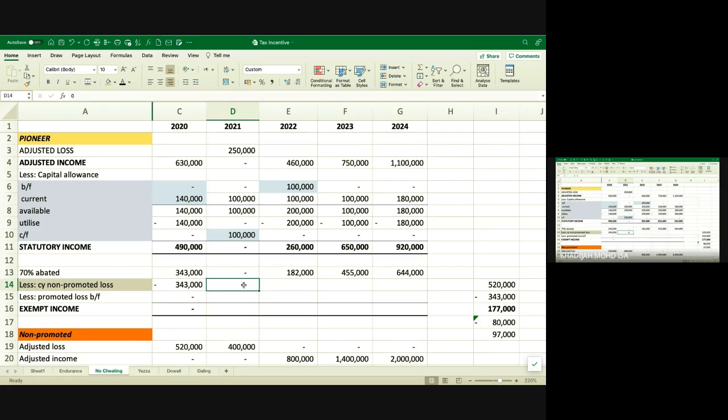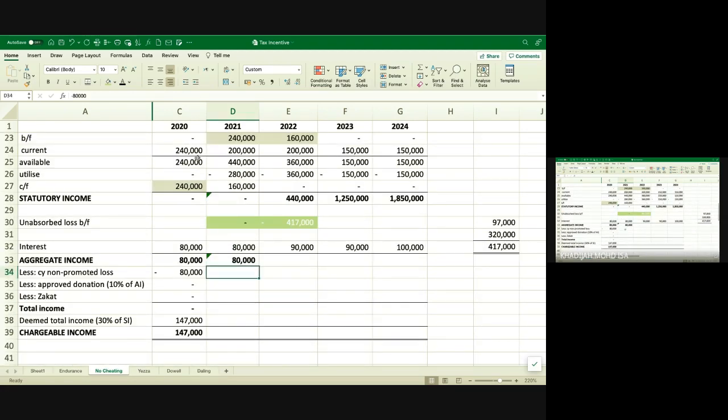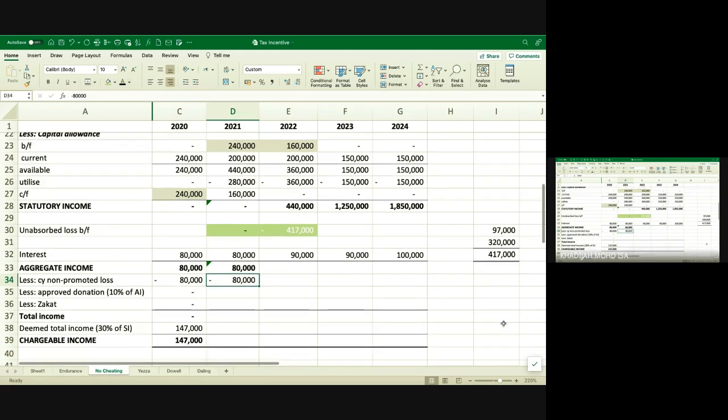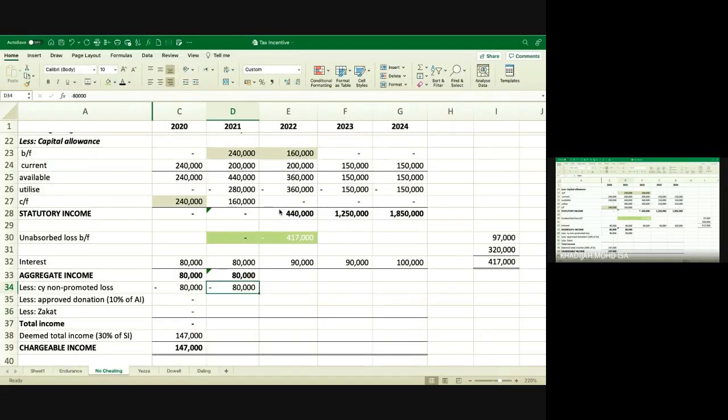Because of that, you don't have anything that goes into your exempt income as well. But you are going to use it against your aggregate income first, 80,000. So how much is the balance of losses? 400 minus 80,000. How much is the loss? 320. So the 320 you're going to carry forward to next year.